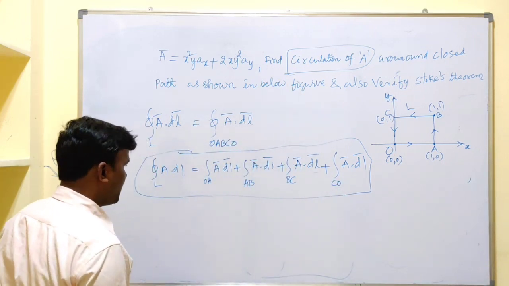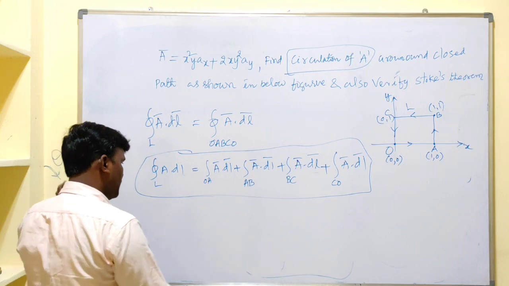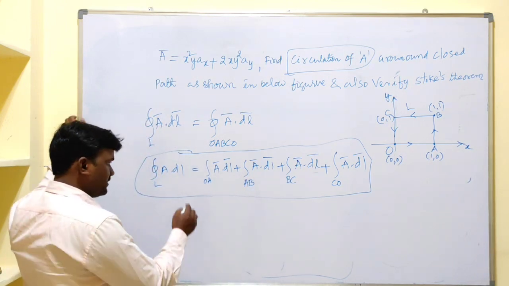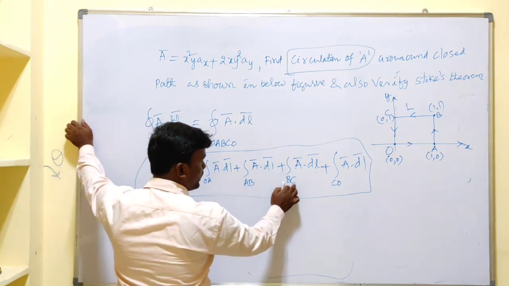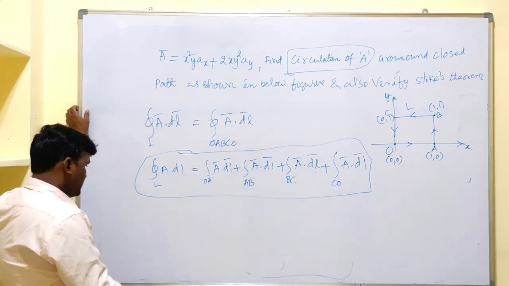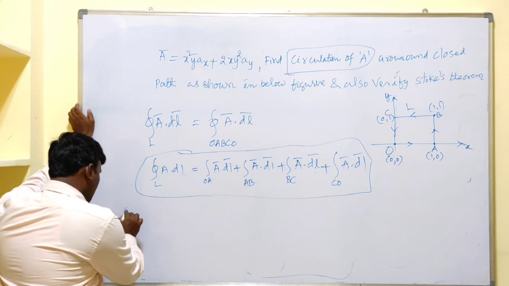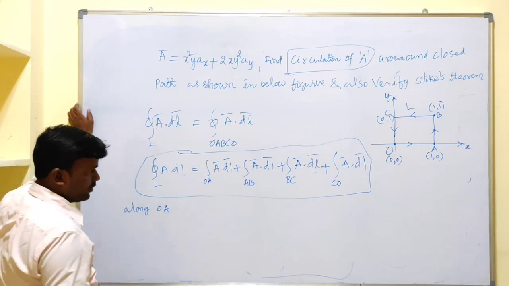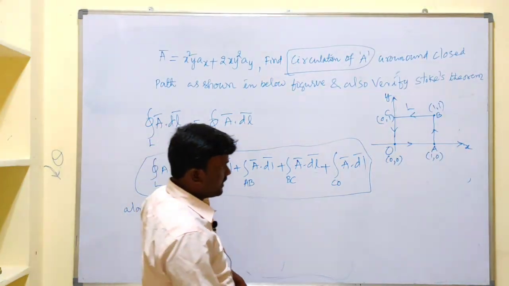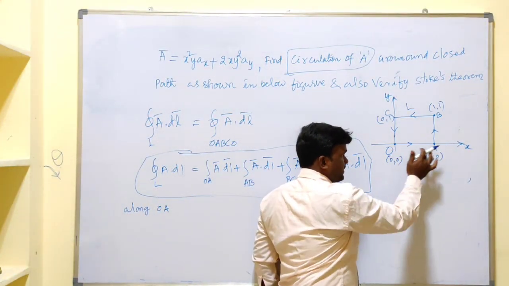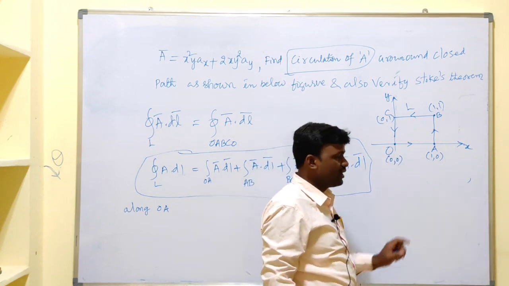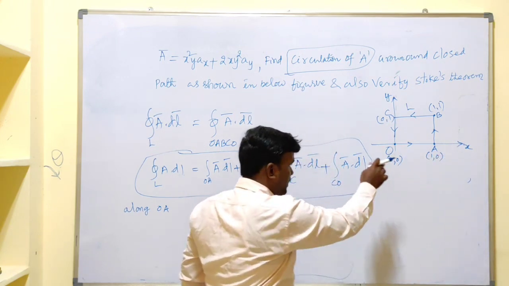I am splitting this into four parts. Let us consider the first one along OA. Along OA means along the x axis. Along the x axis, x is varied from 0 to 1, whereas y is fixed. What about the y value? Along OA, y is 0.